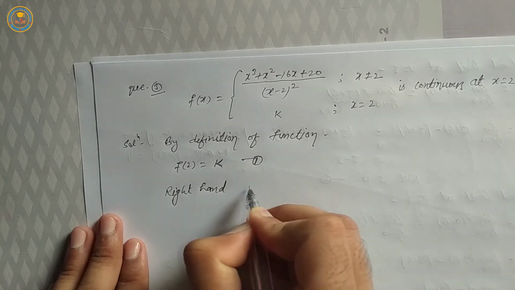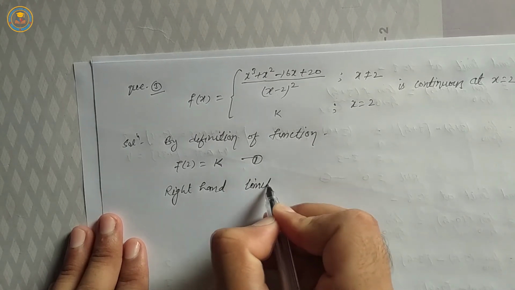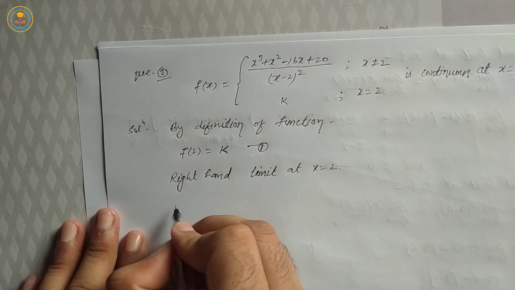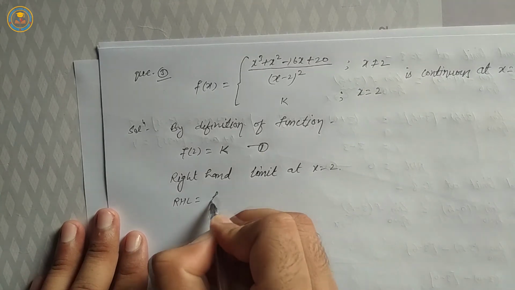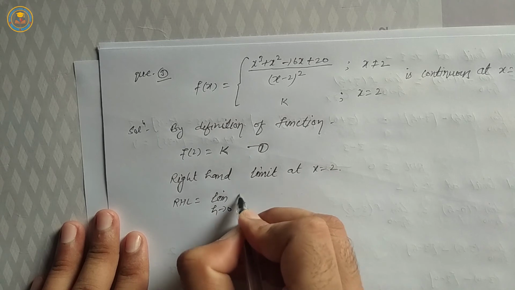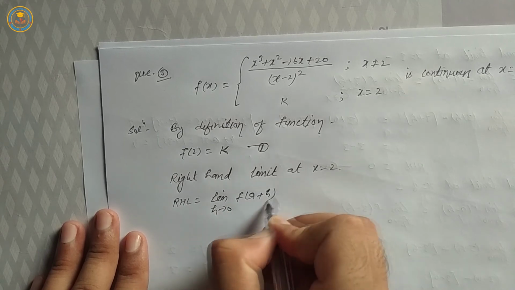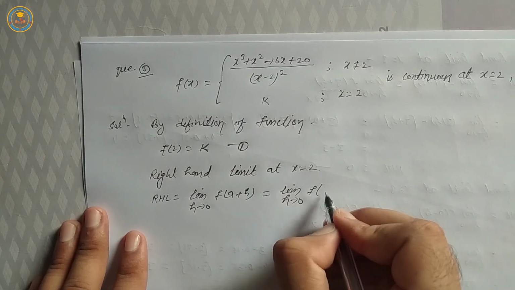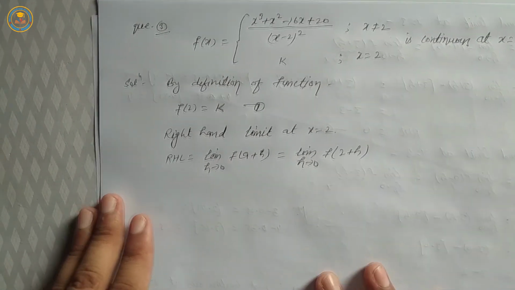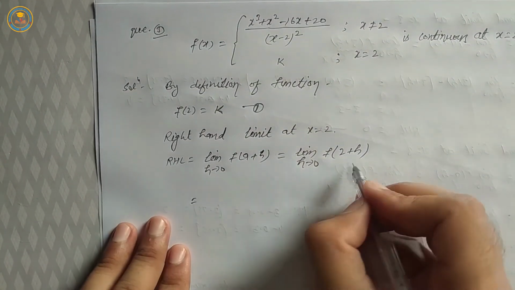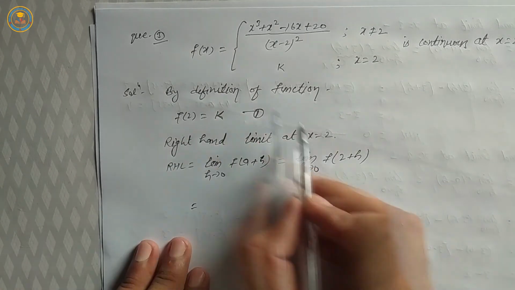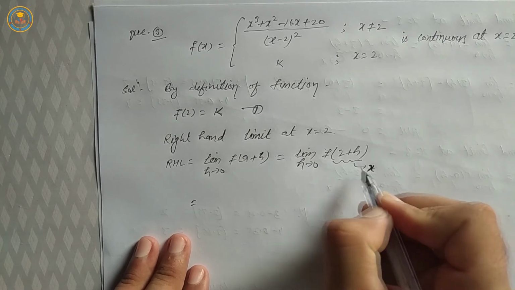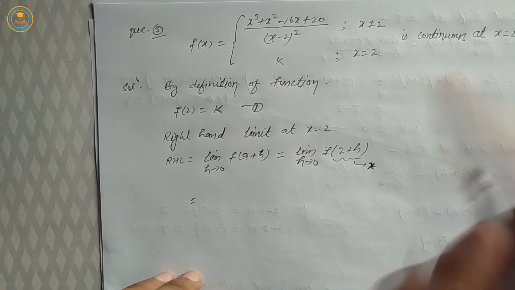Right hand limit at x is equal to 2. RHL is equal to limit h tends to 0 f(a plus h), which equals limit h tends to 0 f(2 plus h), is equal to f(x) where x is equal to 2 plus h. 2 plus h, it means x greater than 2.